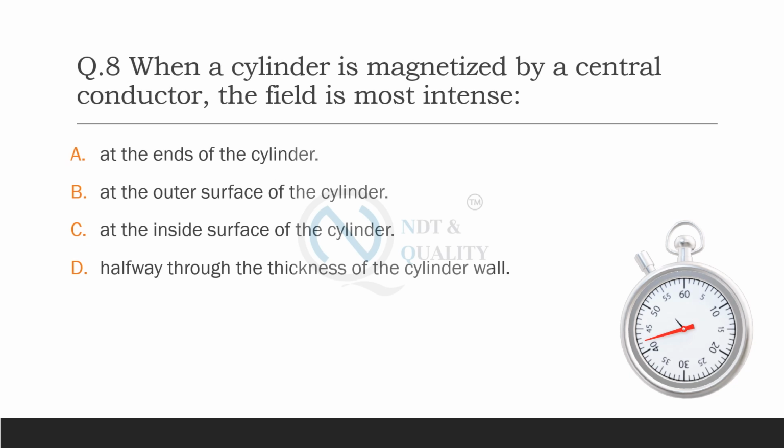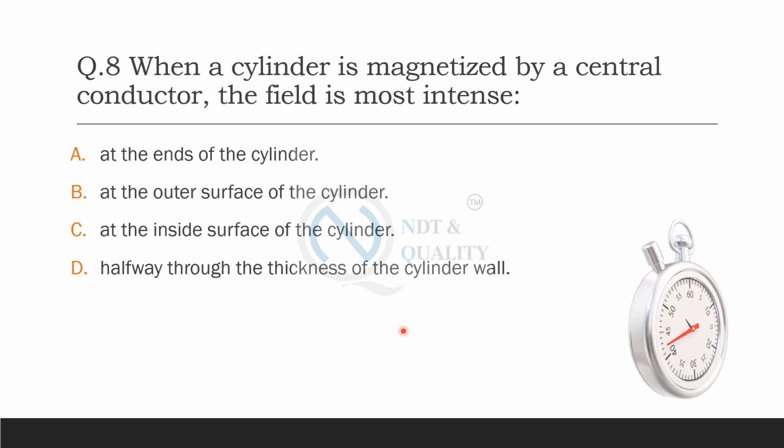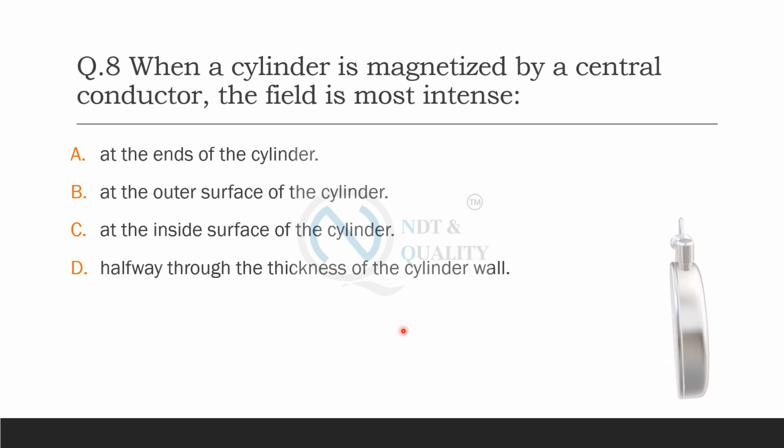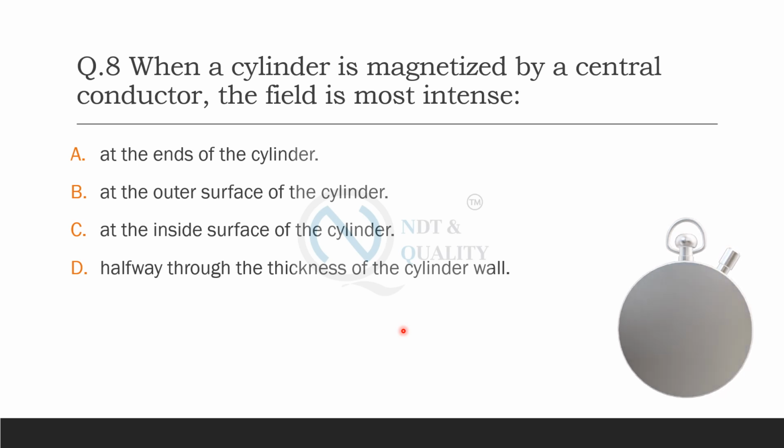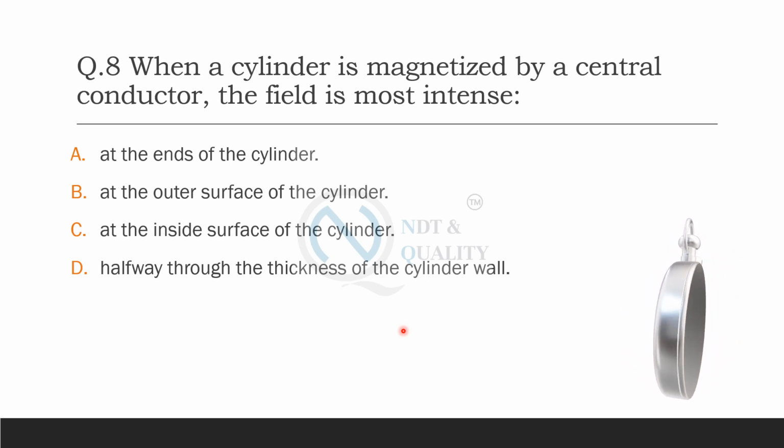Okay. Now question number 8. When a cylinder is magnetized by a central conductor, the field is most intense: option A, at the end of the cylinder; B, at the outer surface of the cylinder; C, at the inside surface of the cylinder; and option D, halfway through the thickness of the cylinder wall.